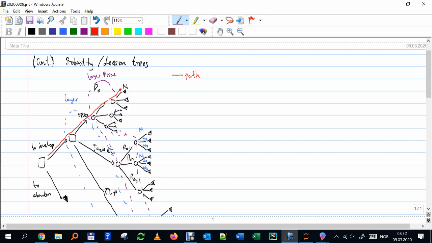Each path has an economic value, and a probability, which is the product over each layer, from layer 1 to n, of the probability of layer i.